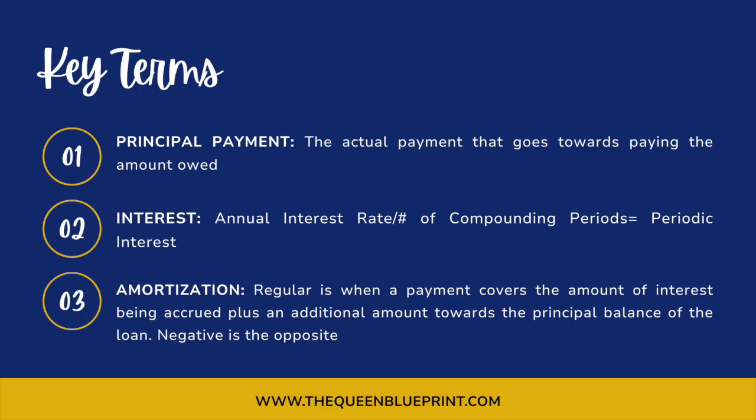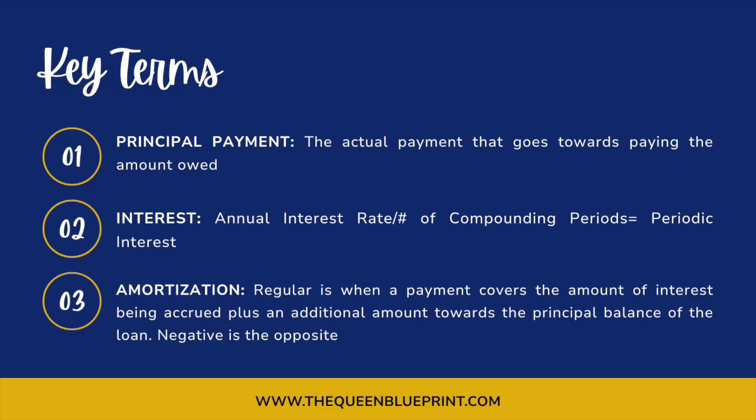Are they trying to get me? No. So your interest rate, the actual formula for it is they take your annual interest rate, which is determined by your credit score, divided by however long you have the loan, and that equals your periodic interest.